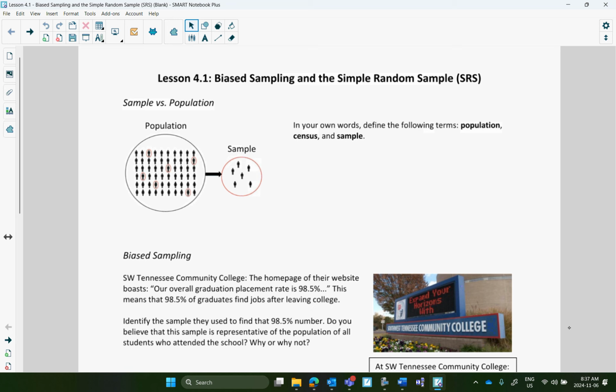It could be population of BH senior school students. Okay? It all depends on who we want to study or ask questions from. Okay? So a population represents an entire group we want to study.